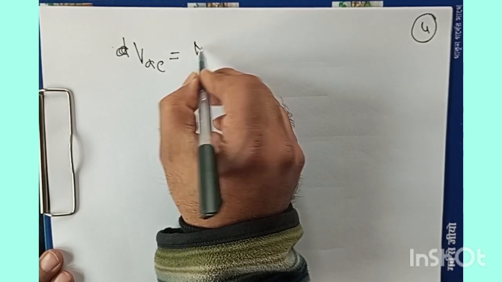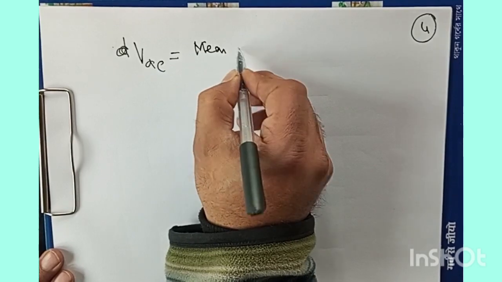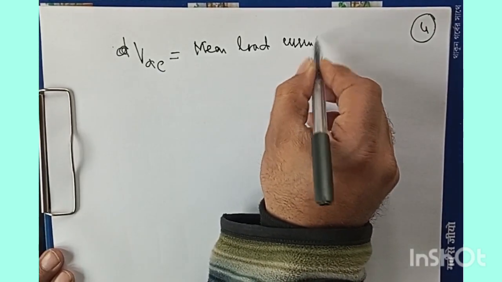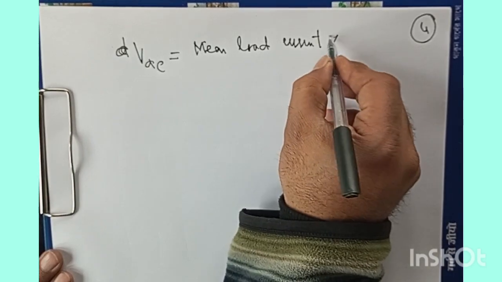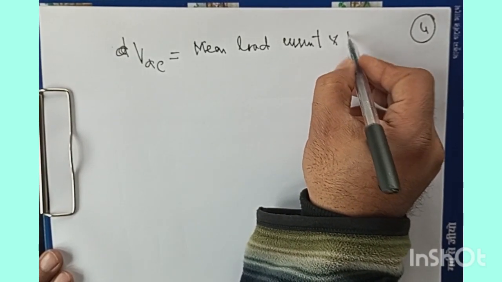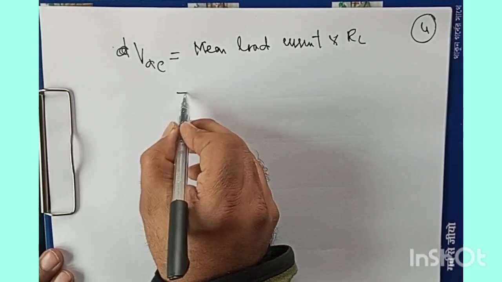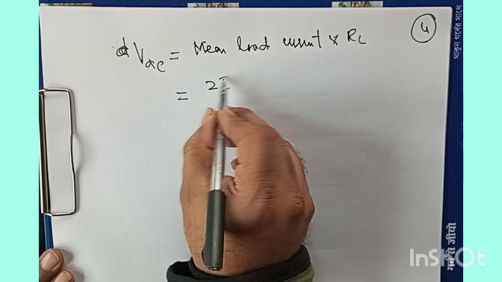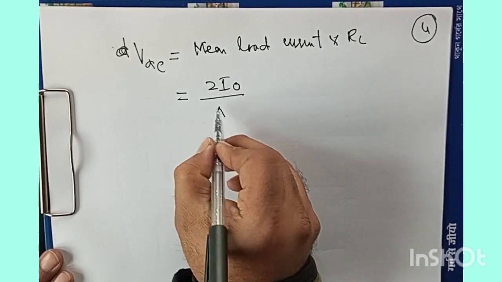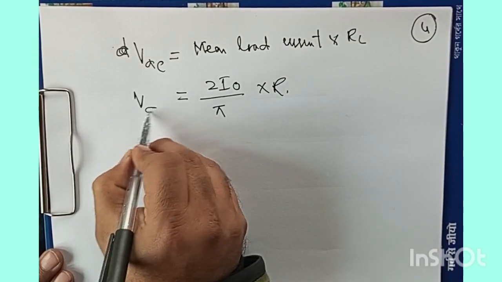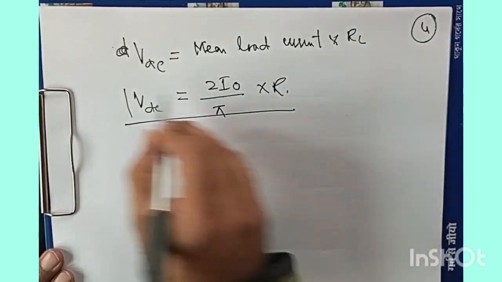It will be the product of the mean load current times the load resistance RL. Now, the value of the mean load current in this case is 2 I naught by pi, times RL. So this will be VDC.